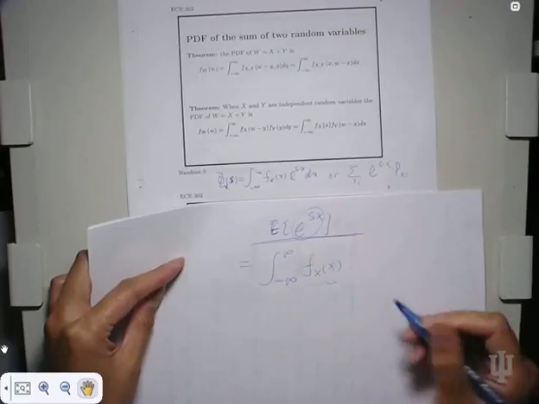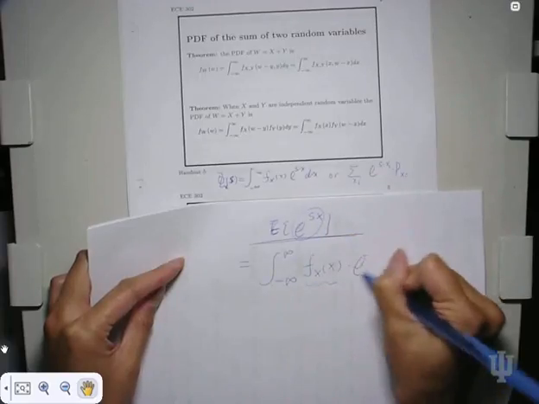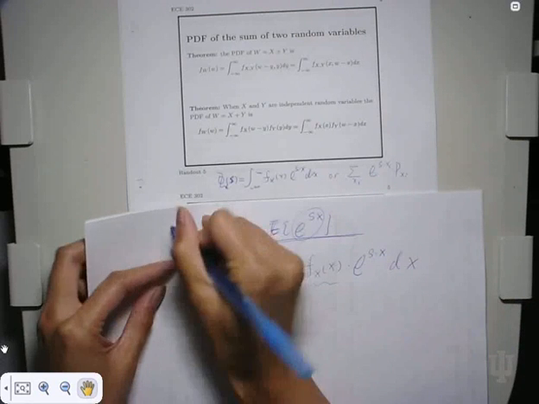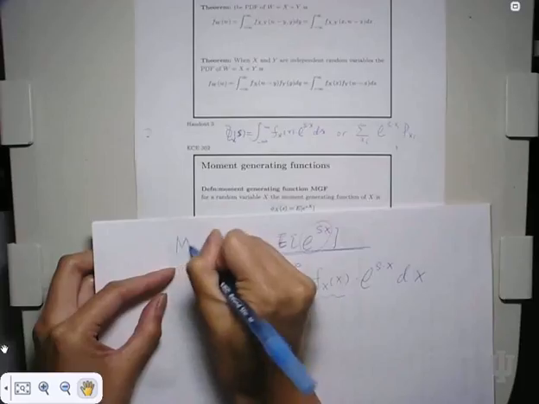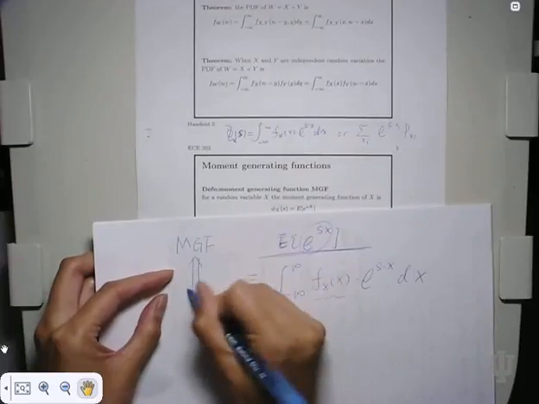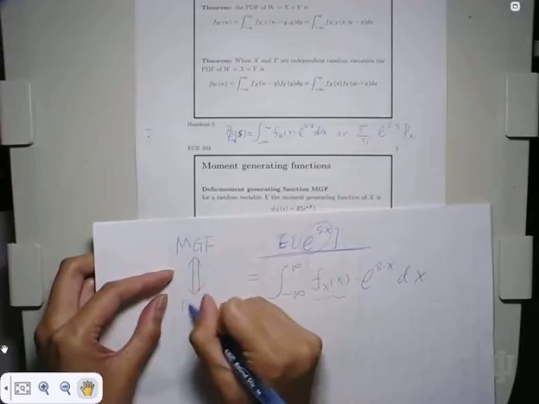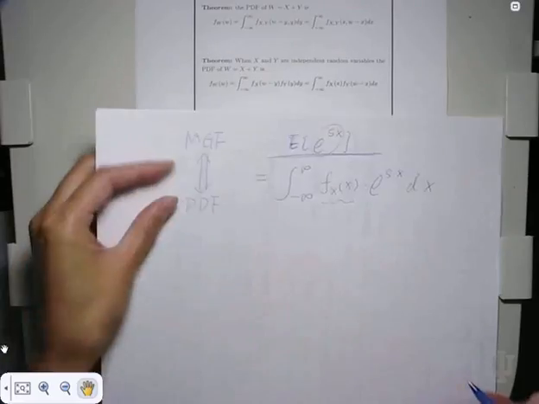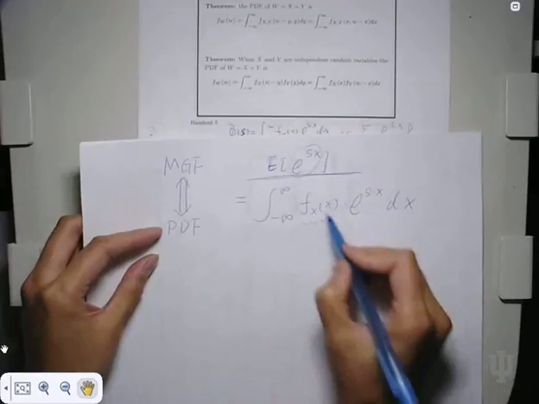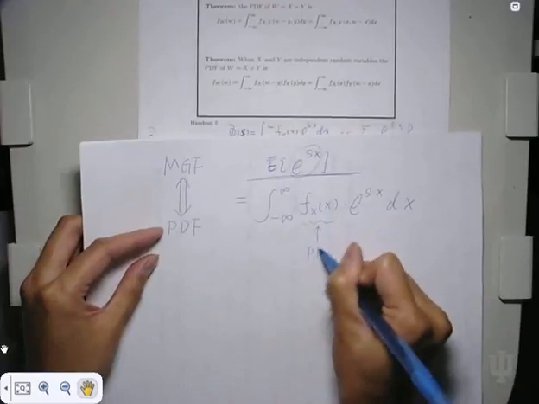Then I need my density function, right? So why I say moment generating function, we can call it MGF, is a transform of the PDF, probability density function. This is in the frequency domain because this is my PDF, right?